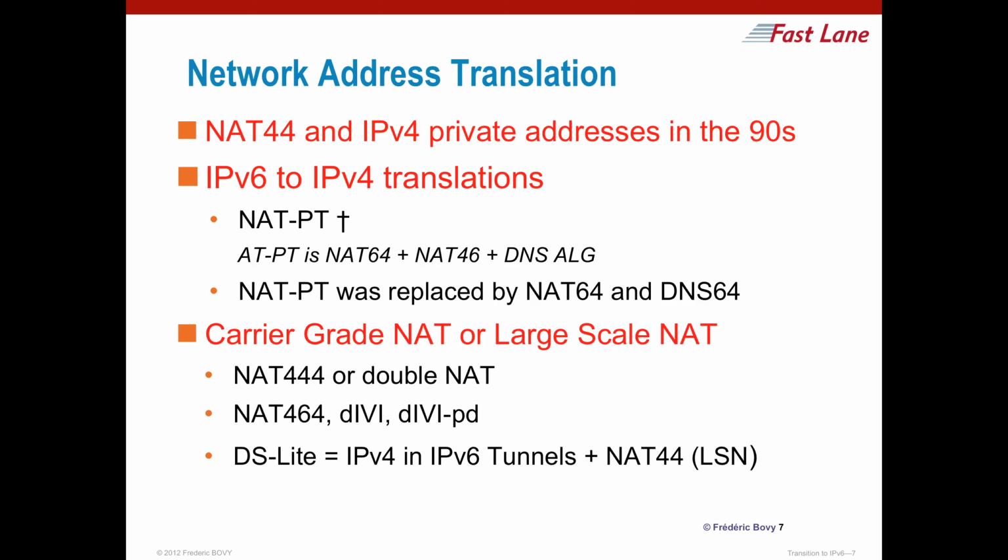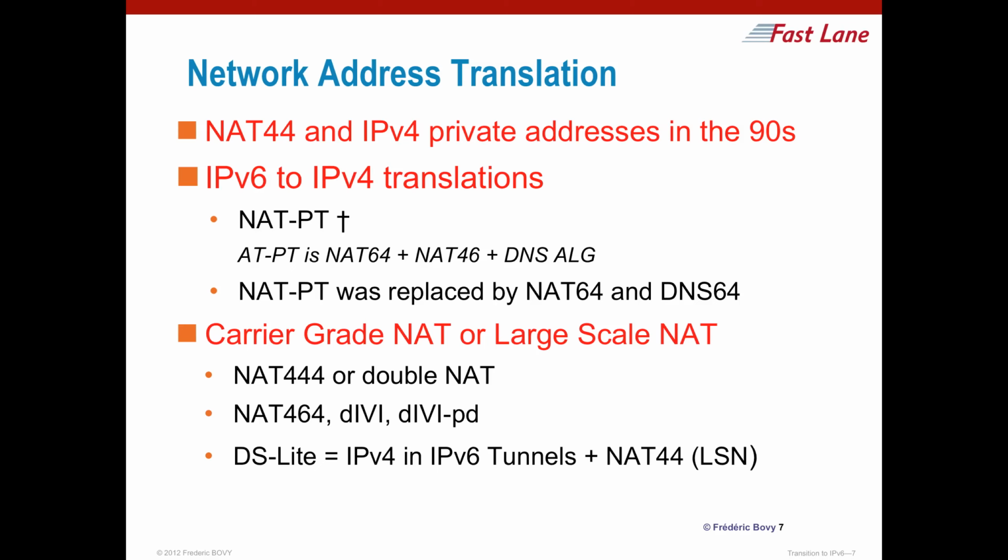IPv6 to IPv4 translation was also proposed since 2000 with a protocol called NAT-PT, which was doing so much that it was not very scalable. It was doing NAT 6.4, NAT 4.6, and application layer gateways for DNS, FTP, and everything.